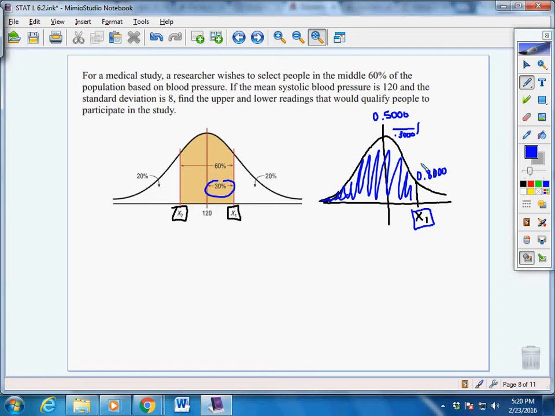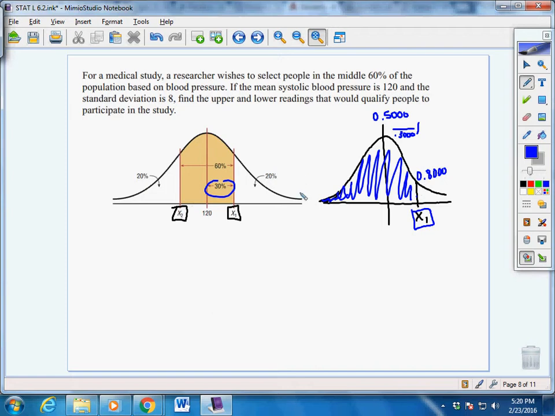Those numbers in the table represent those percentages, those probabilities, however you want to think about it: how much of the area under the curve. So to get to this first value, we want to know 80%. That's 60% around the mean, 30 on either side. The mean's 50%, half the data, half the number of people with these blood pressures, and 30% on either side.